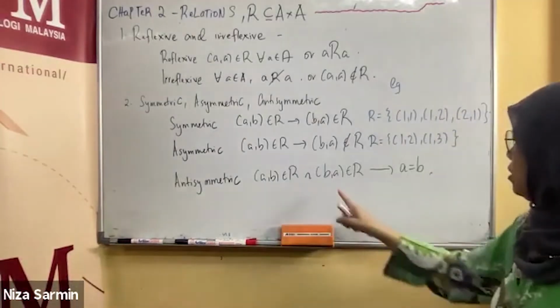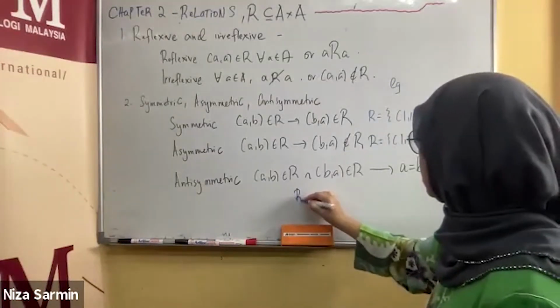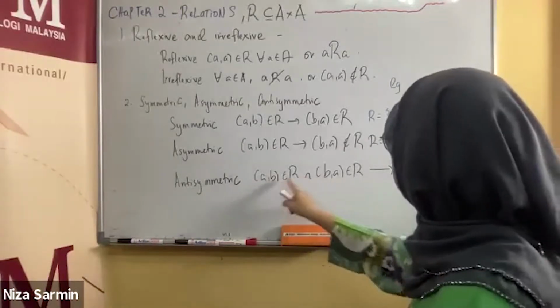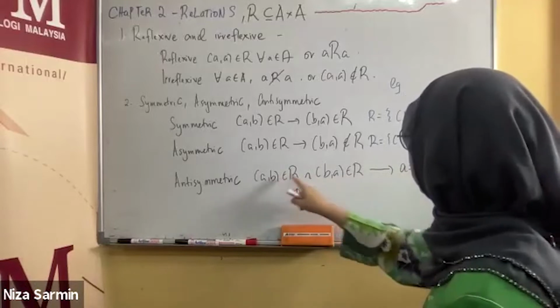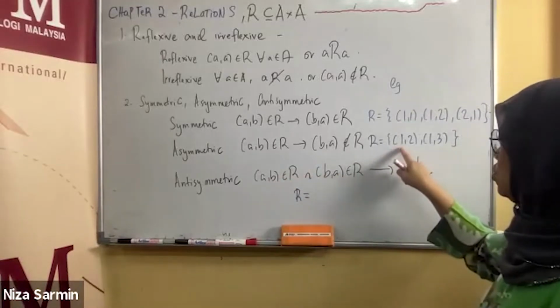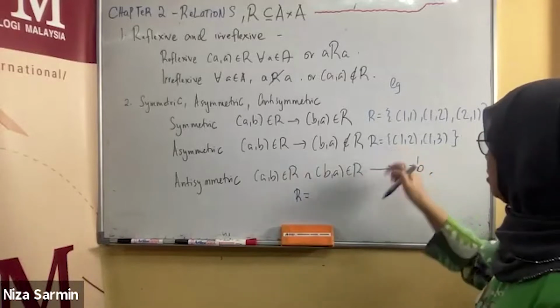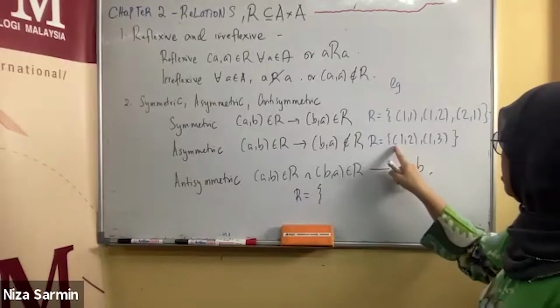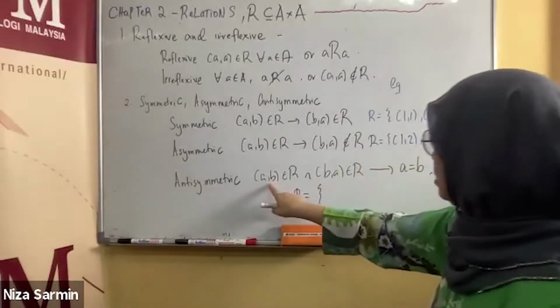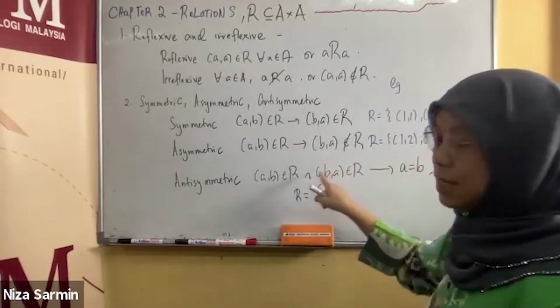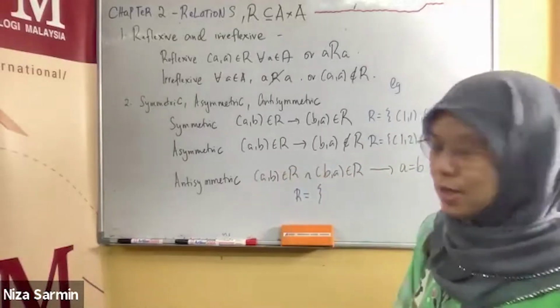For this one, if they are both inside, they have to be equal. So this is also antisymmetric for this one, because this one is in R, 2, 1 is not in, it's okay, right?